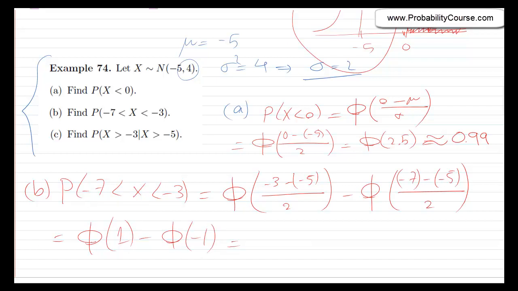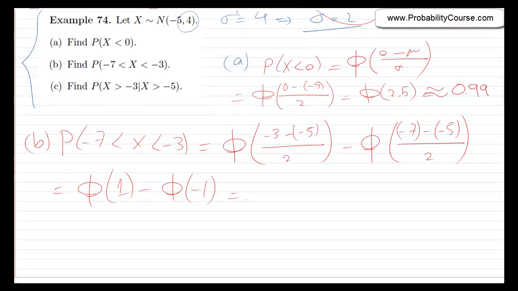And we can use the rule that we had: phi of minus 1 is equal to 1 minus phi of 1. So it becomes 2 times phi of 1 minus 1. And if you use a table or a calculator, you see that this is around 0.68.